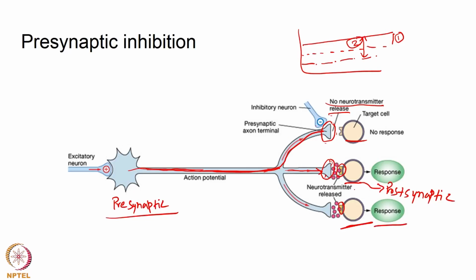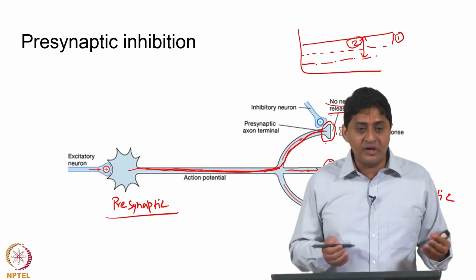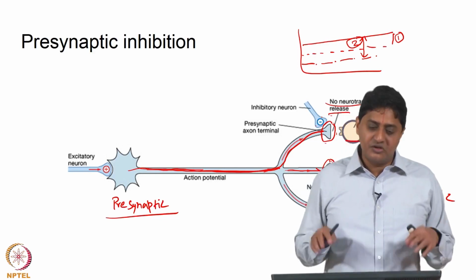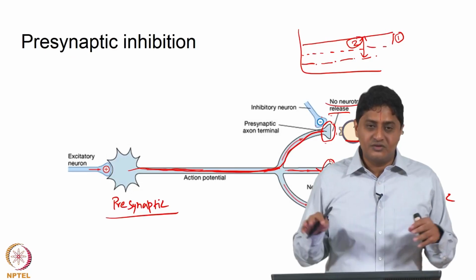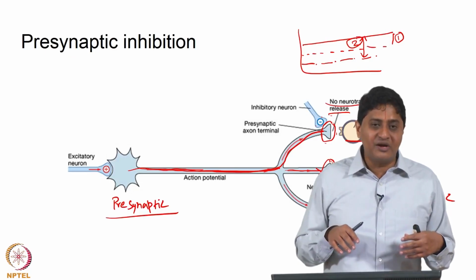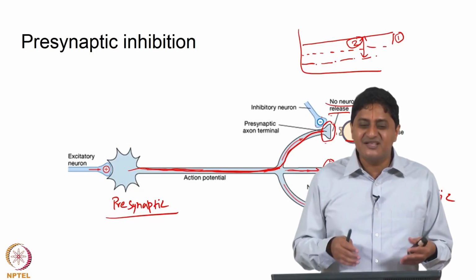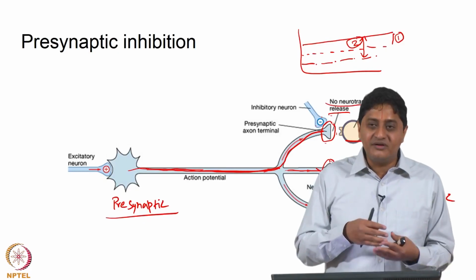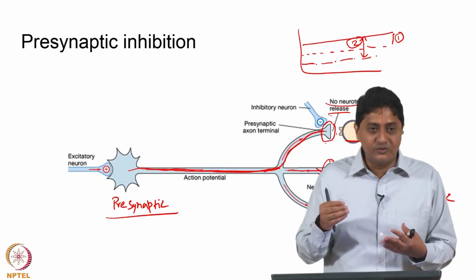So this cell responds, why? Because there is no excitation here that is causing an inhibition, but here there is an excitation that has practically opened all the calcium channels, everybody is already open. A new action potential arrives, no more excitation. It is not like I can open any more calcium channels because they are all already open. So no difference in the amount of calcium is going to happen.